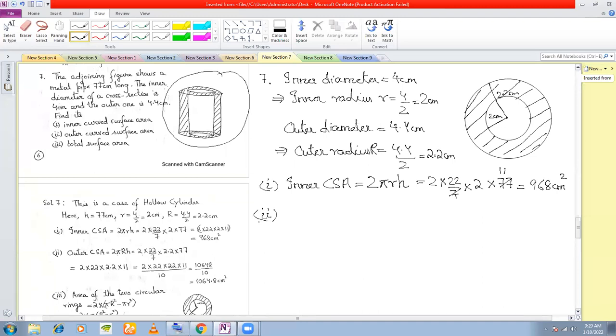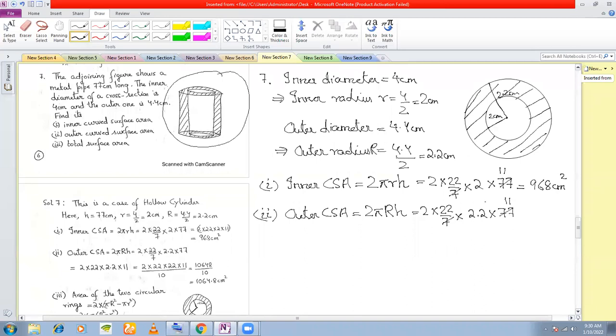Now we are going to find out, in the second part of the question, it says find the outer curved surface area. Outer curved surface area is the area of only the curved part that is outside. So 2 pi RH, but this time we are going to use the outer radius. Height will remain the same. Okay. So again, this will cancel here 11 times.